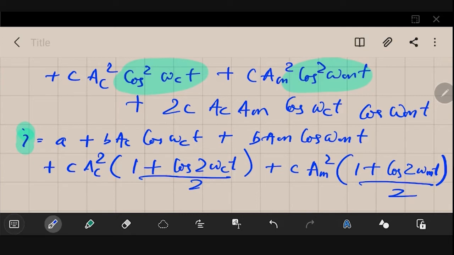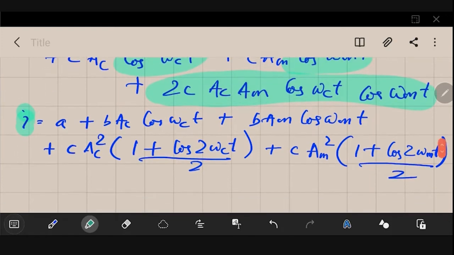Then the next terms, let me just show you this one, the product term. It is in this form, 2 cos A cos B. If I neglect that C and AC, you could see AC AM, it is in this form 2 cos A cos B. So if I keep C AC AM outside, I could always write that 2 cos A cos B is equal to cos A plus B plus cos A minus B. So I have to write it in that form only.